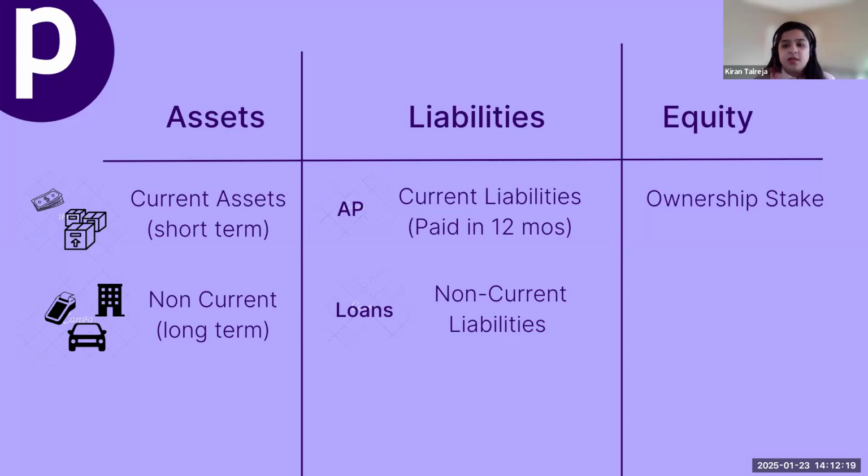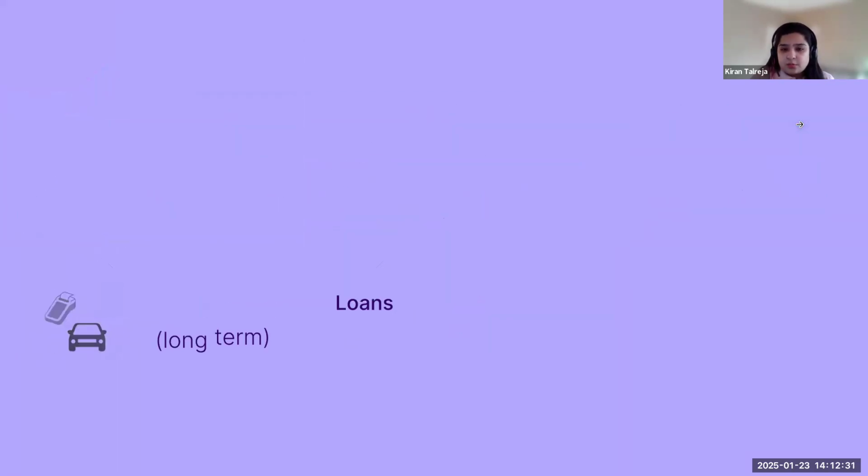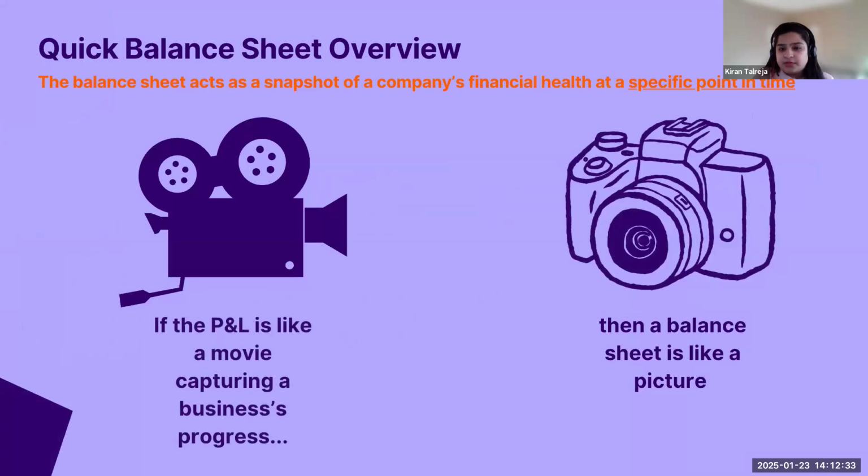You might already look at the P&L every month, but maybe you are not looking at the balance sheet. So that's why we are trying to cover each and every aspect of what a balance sheet account would look like. A lot of times we do get the question, what is the fundamental difference between a P&L and a balance sheet and how are they related? A P&L is basically like a movie that is capturing your day-to-day progress, and you might look at it for a week or for a month.